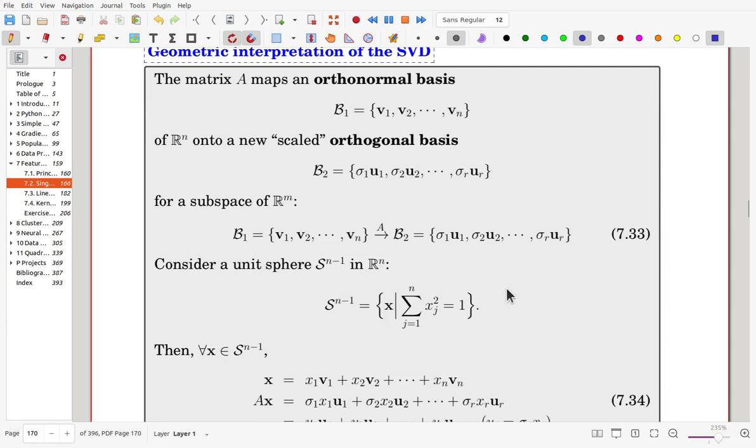Now we try to understand this transformation. Let's start with the unit sphere S^(n-1) in R^n, given as the collection of x such that the norm of x is 1, so the distance is 1.